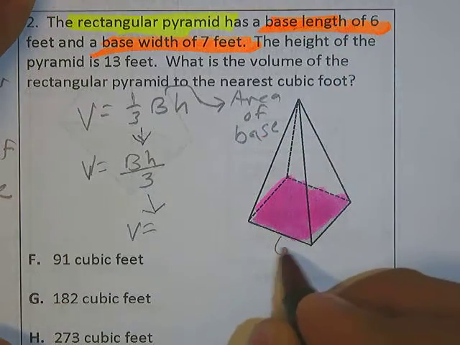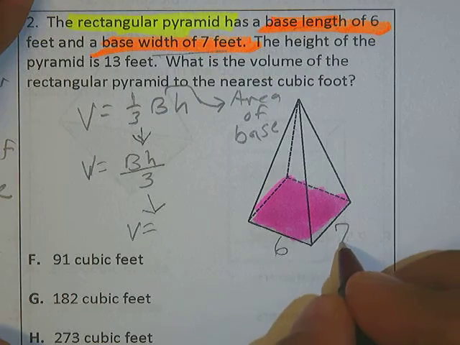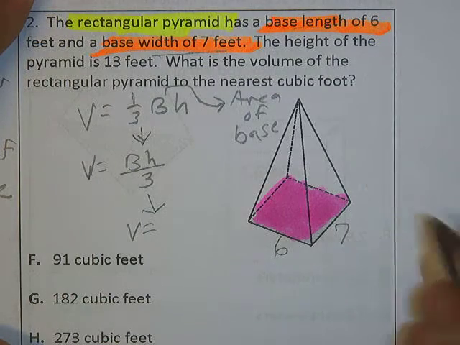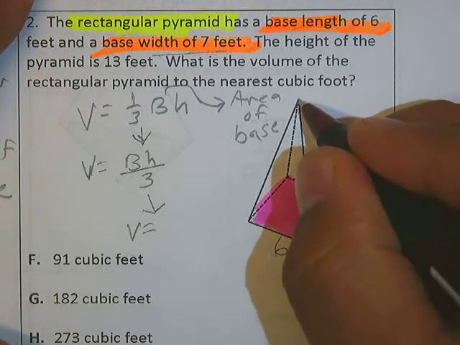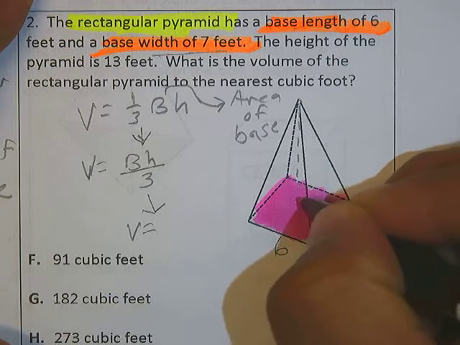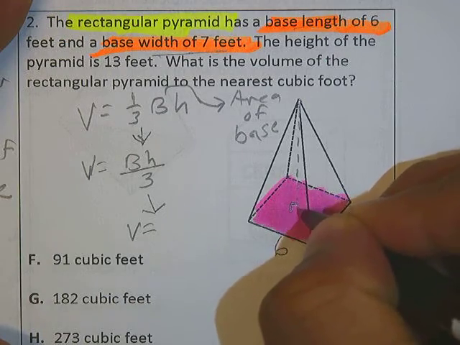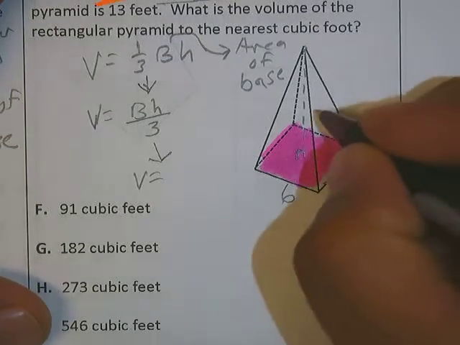The base length is 6. The width is 7, so that means this is 7. And then the height, now remember the height is the one that comes from the apex, from the top all the way down. It's usually in little dashes, and it has a little right angle there.